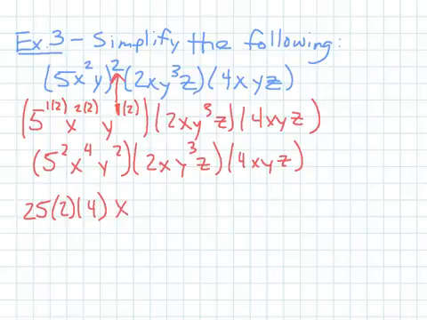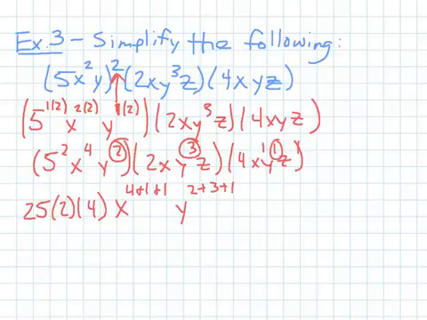X has 1 that's to the 4th, 1 that's to the 1st, and another 1 to the 1st. So I'm going to put all those together. Y is to the 2nd and to the 3rd. Notice where I'm getting them. And here is to the 1st. So I add 1. Same thing with the x's. I found what those numbers were, and I put them together.